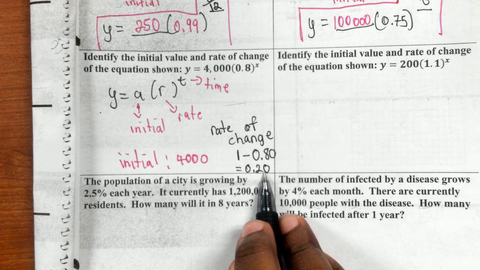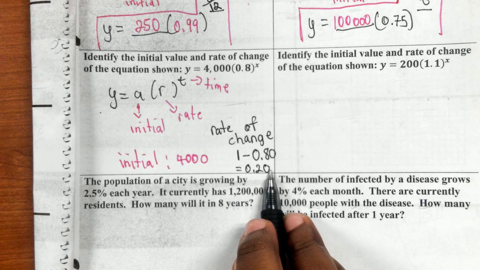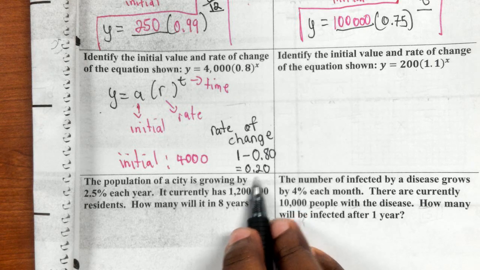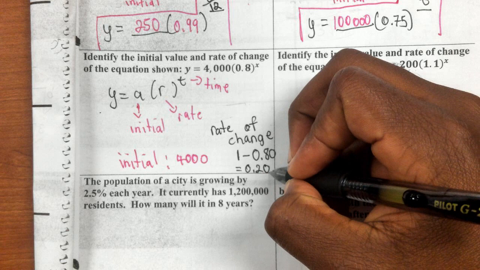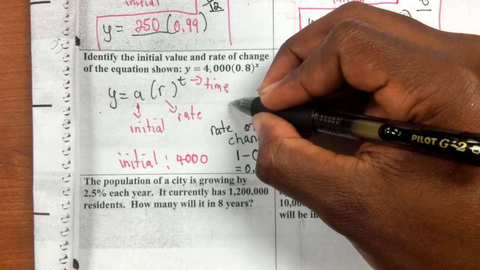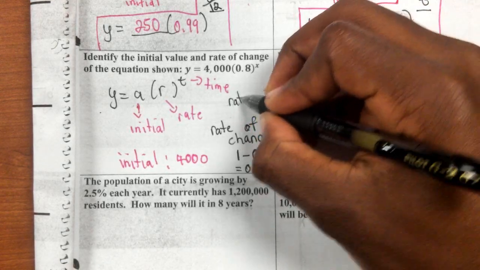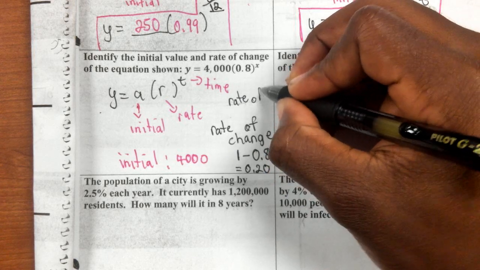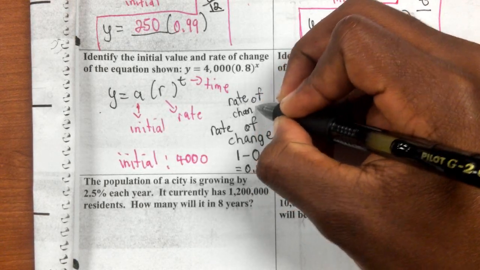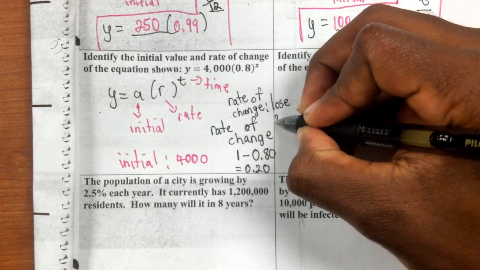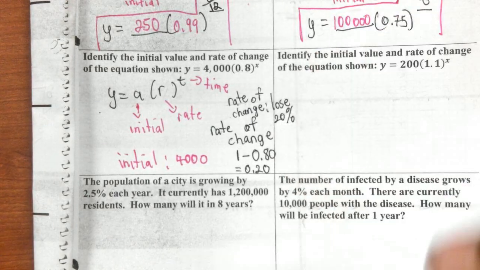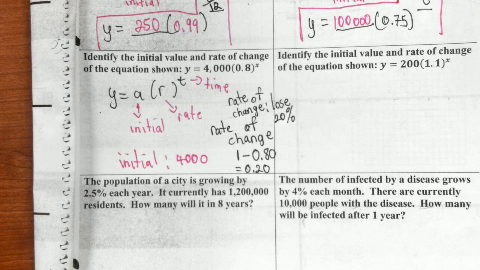So this was changing by losing 20% every single time. So again, guys, that's what this was saying, okay? Because 0.20 as a decimal is actually 20%. So the rate of change was that we were losing 20%, all right? That's how much we were losing every single time. So let's try the next one.